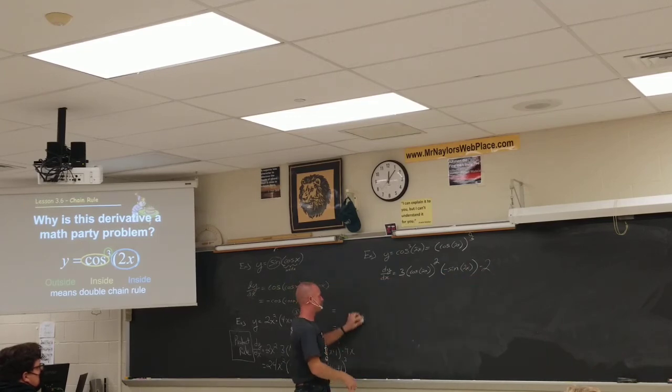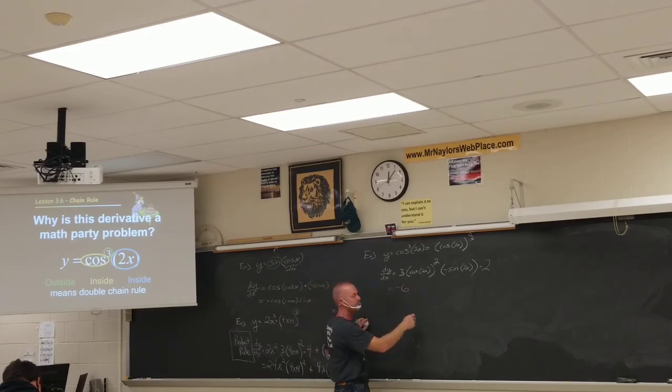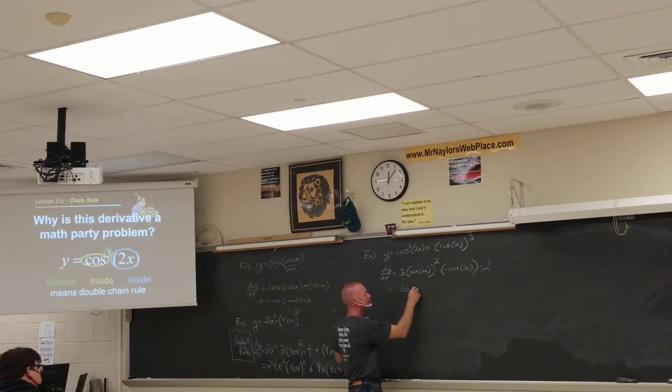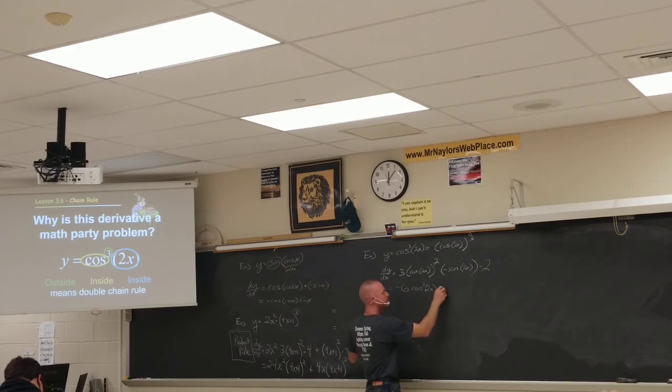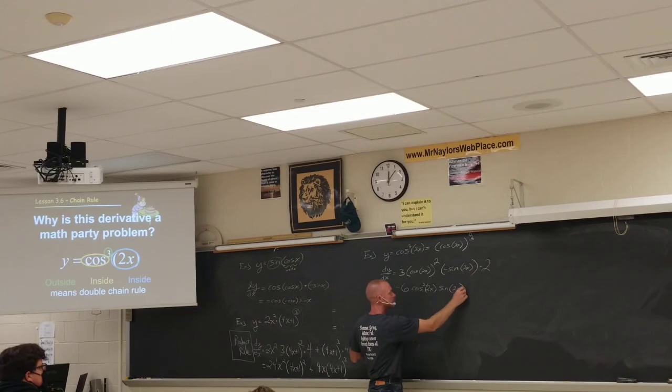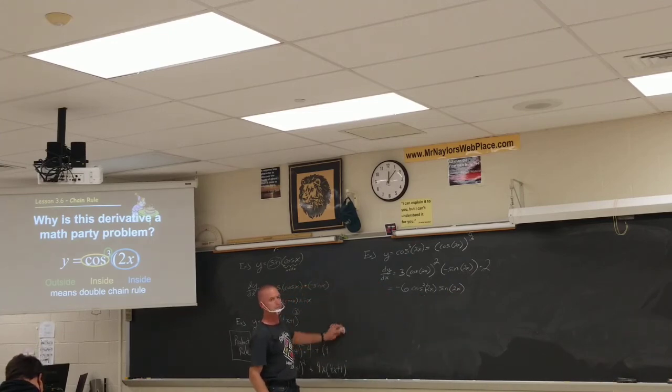I know it seems like we keep talking about it, but you need to take those numbers and multiply. 3, negative, and 2 gives you negative 6. After that, it's up to you what you decide to do. Some people would rewrite the answer a little bit back to how it was, like cosine squared with the square there. I'm going to go ahead and produce that answer. It does look a tad bit simpler.